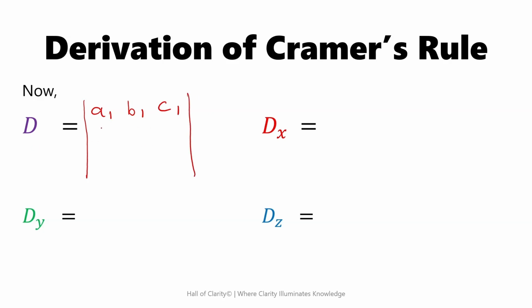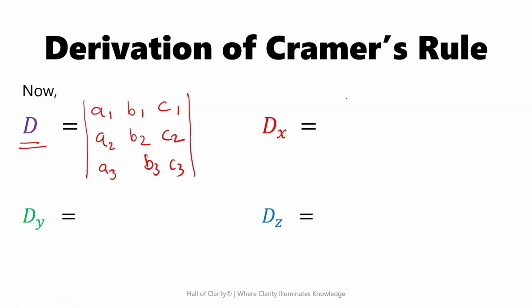Then I will close the determinant. Similarly, our second equation has coefficients of x, y, and z as a2, b2, and c2. Similarly, the coefficients of the third equation are a3, b3, and c3. So in this way we have written the determinant D for simultaneous equations with three variables.